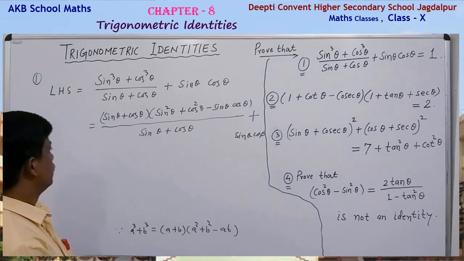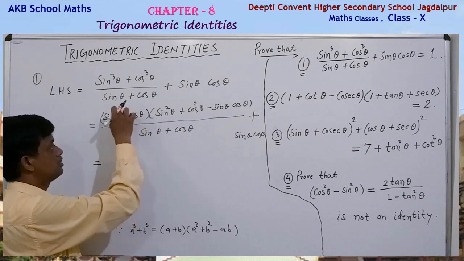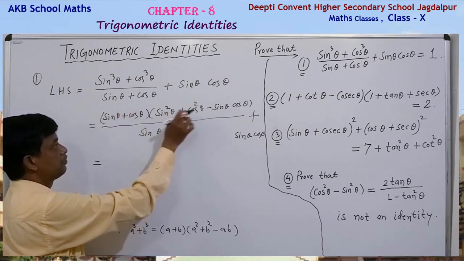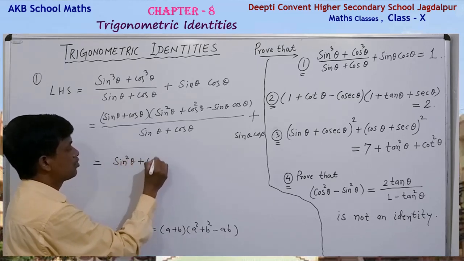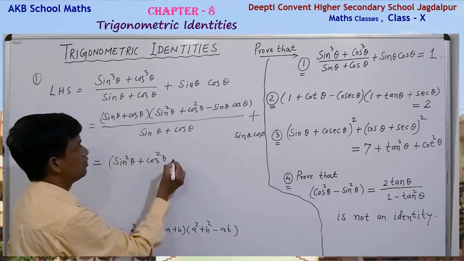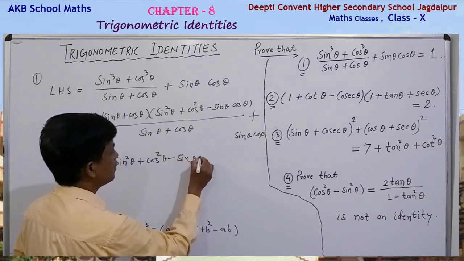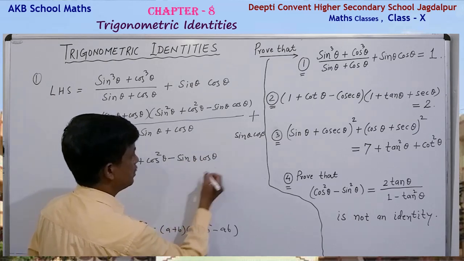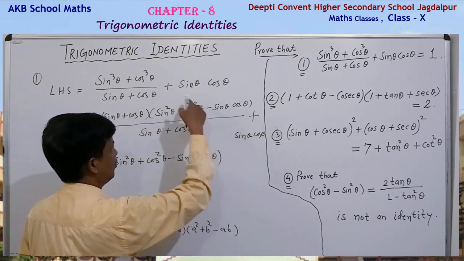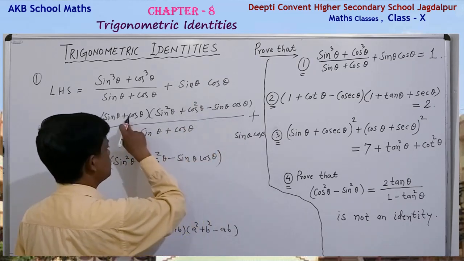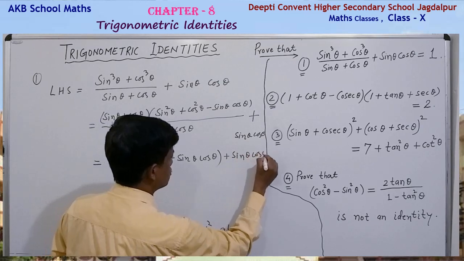Now we see that sin theta plus cos theta cancels out. So here we have sin square theta plus cos square theta minus sin theta into cos theta, plus sin theta cos theta.